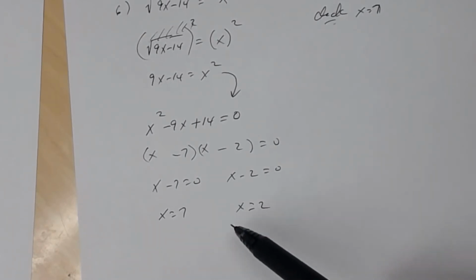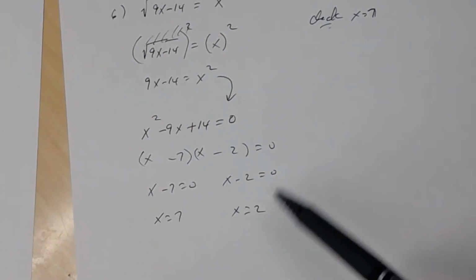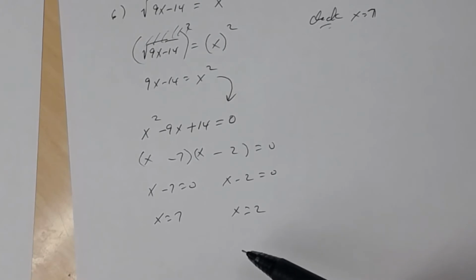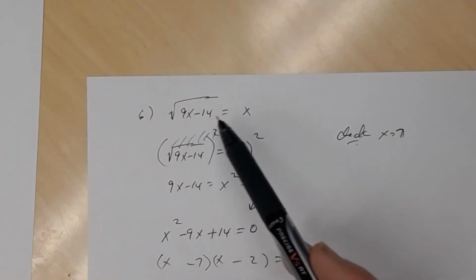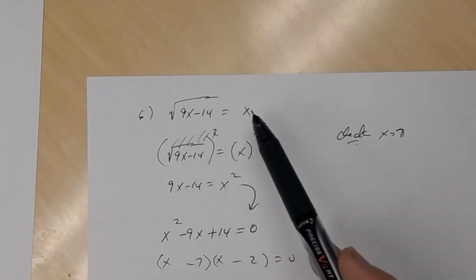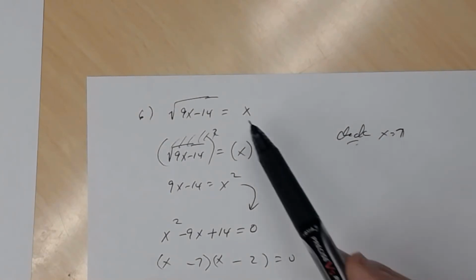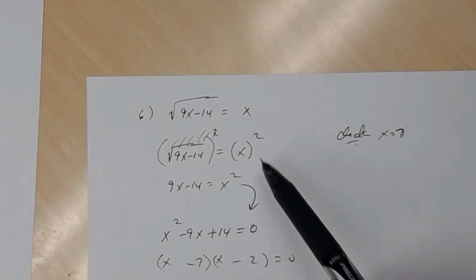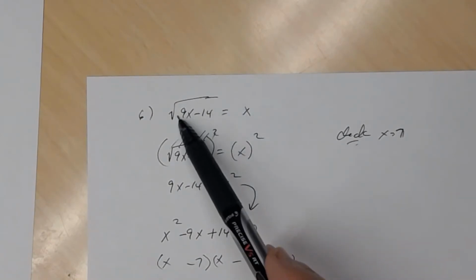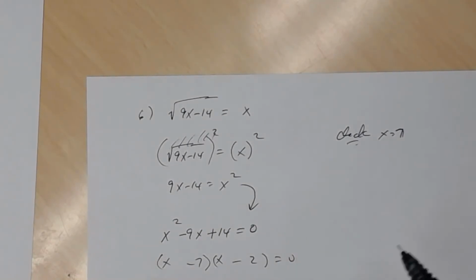Once they get to this, they forget to check for extraneous roots. The extraneous roots are not going to be solutions. They're solutions to this quadratic, but they're not solutions to the original square root equation. See, these are two different equations. This is a quadratic equation. This is a square root equation, a radical equation.